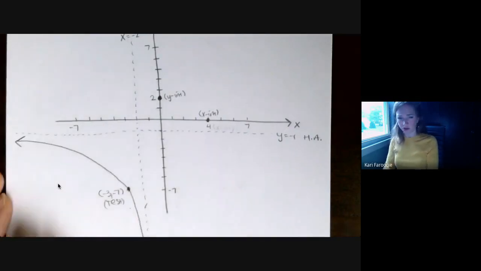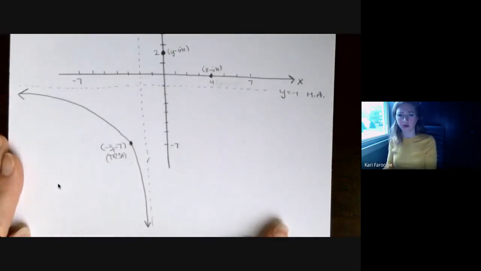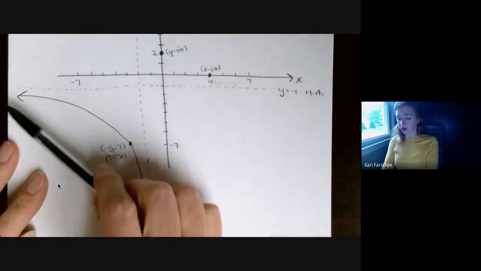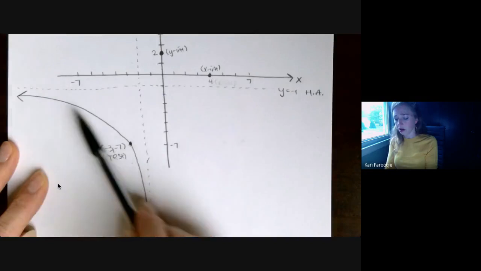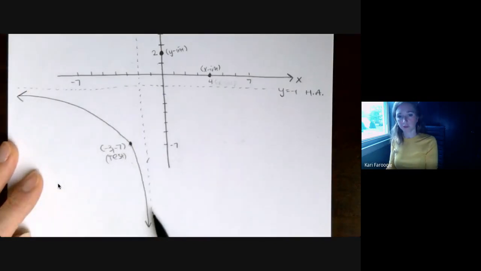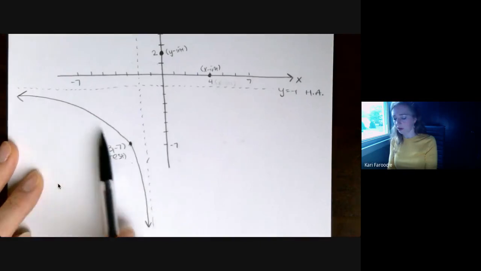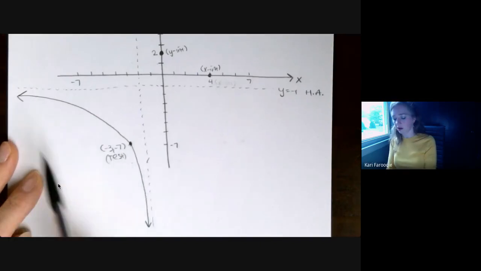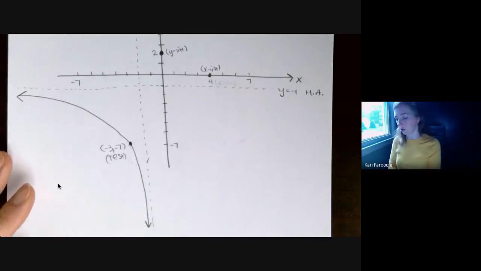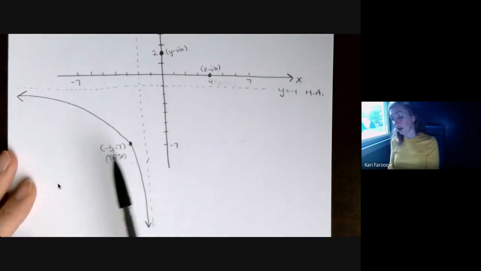I didn't do the best job approaching it, but I think at least you can get a good sense of what's happening here. So you can see now that your function is decreasing concave down from -infinity to -2. So decreasing is heading down from left to right. Concave down means if you tried to put anything in this cup, it would spill all over the floor. And it has to go through this point.